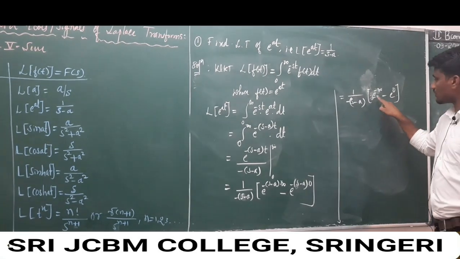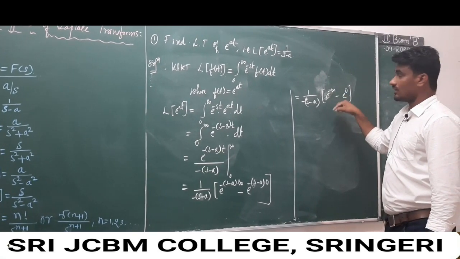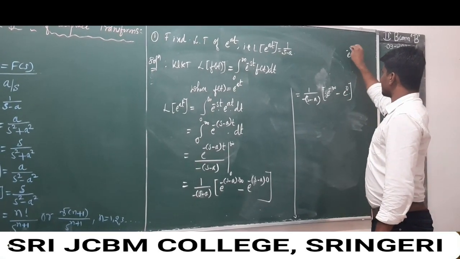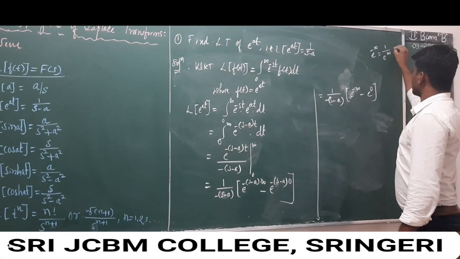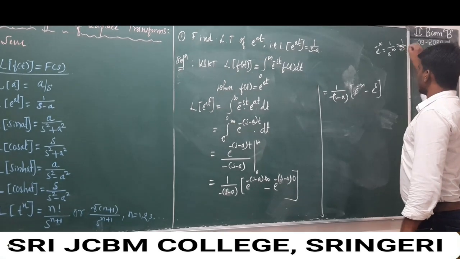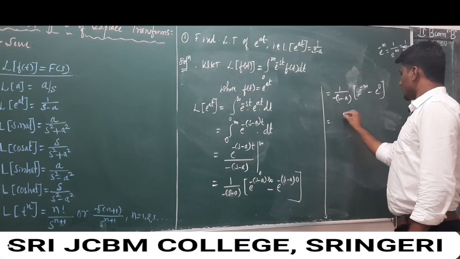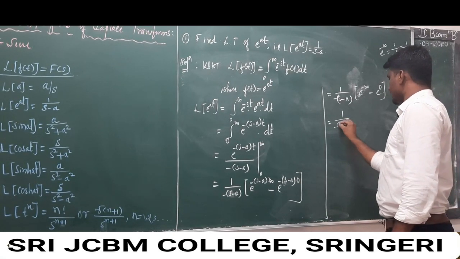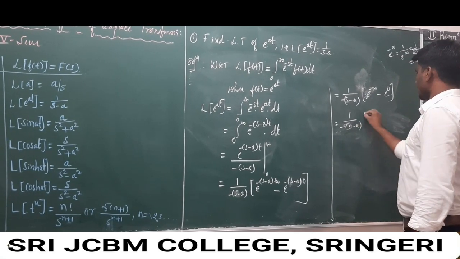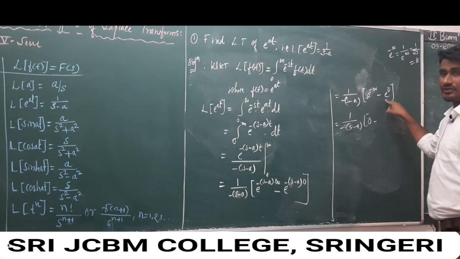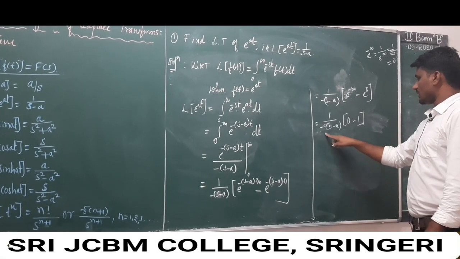Again, the exponential function e to the power minus infinity can be written as 1 over e to the power infinity, which is 1 over infinity, and that is the value 0. So this one is minus 1 over s minus a times 0, minus the value of e to the power 0, which is nothing but 1, multiplied with this.